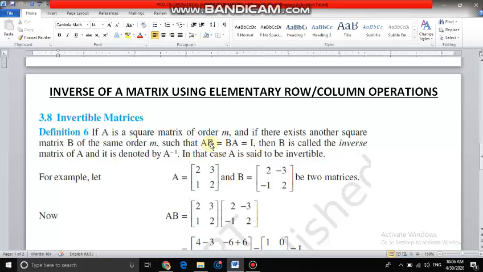The multiplication of A and B will always give you an identity matrix, and the multiplication of B and A will always give you an identity matrix. Then B is called the inverse of A.